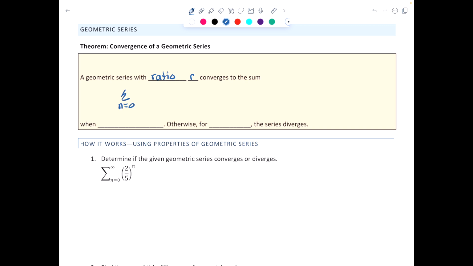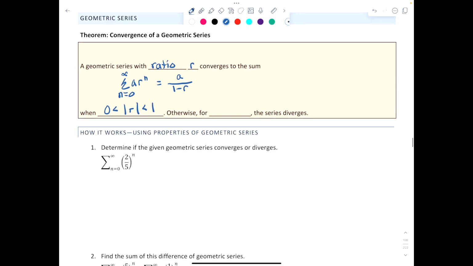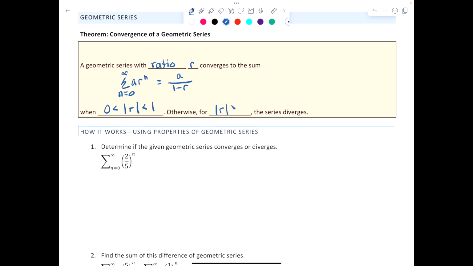Note that n starts at 0, goes on infinitely, and we have a times r to the n, and it equals a over 1 minus r, but only when 0 is less than absolute R, which in turn is less than 1. So I always kind of think of this as a proper fraction in between 0 and 1. Otherwise, for absolute R greater than or equal to 1, this series diverges.